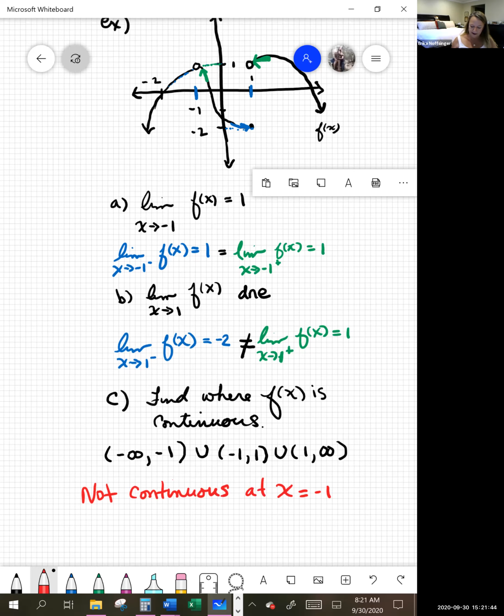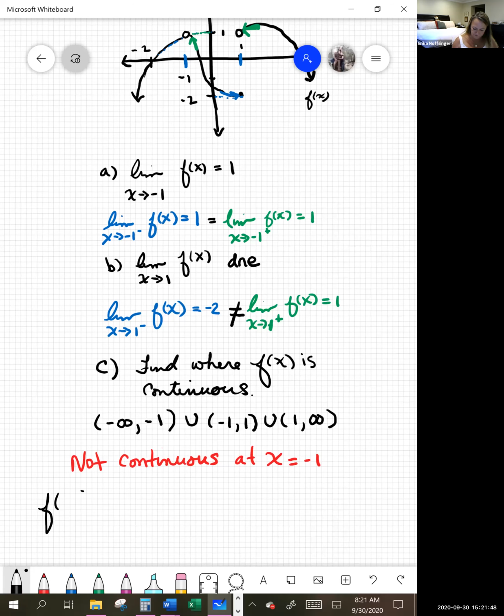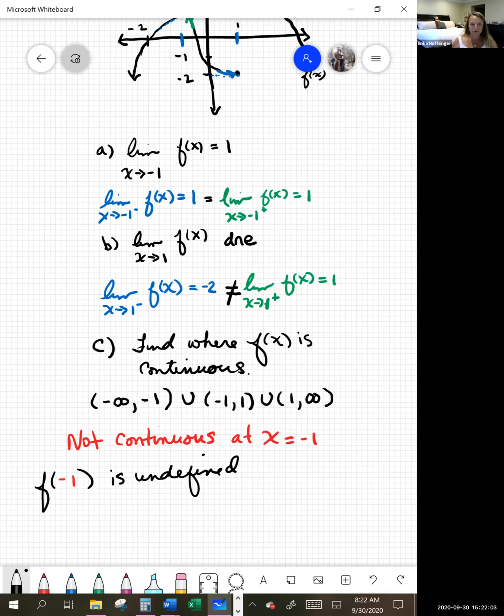So right there, f of -1 is undefined. Doesn't exist. And so if that's undefined, there's no way that this is equal to the limit. So that doesn't equal the limit as x approaches -1.